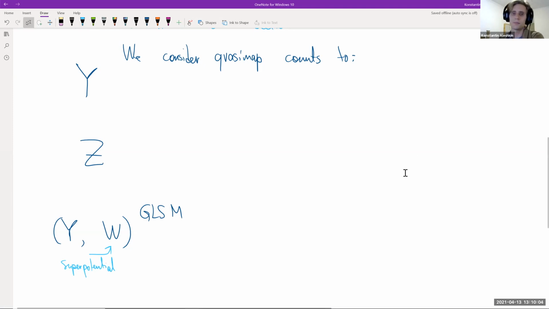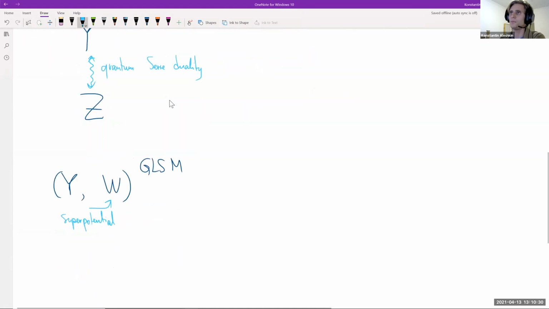There are correspondences between these quasi-map count theories. The correspondence between quasi-maps into Y and Z is called quantum Serre duality, and has been worked out, I think, by Konstantin and his students and some other people. The correspondence over here is very closely related to what Renato's thesis was about.